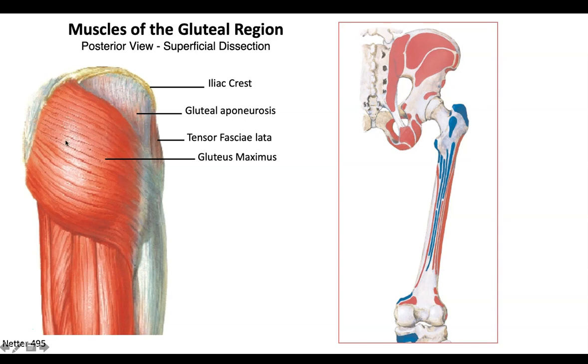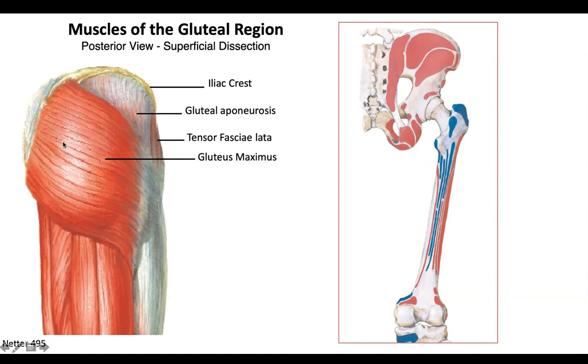Almost all of the gluteal muscles are covered by the large gluteus maximus, except in the upper part there is an aponeurosis which covers the gluteus medius muscle.